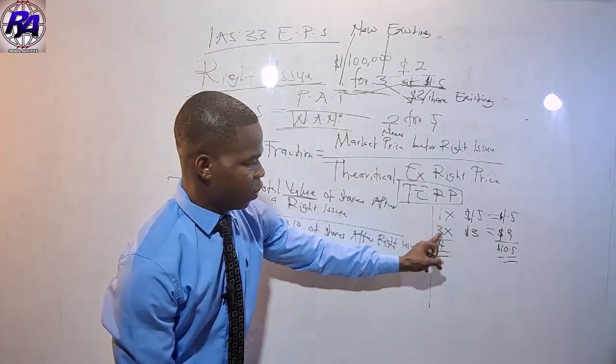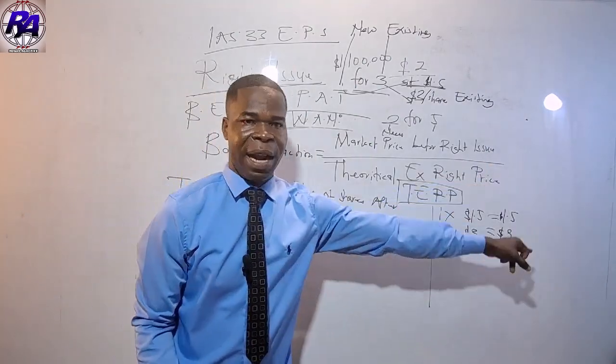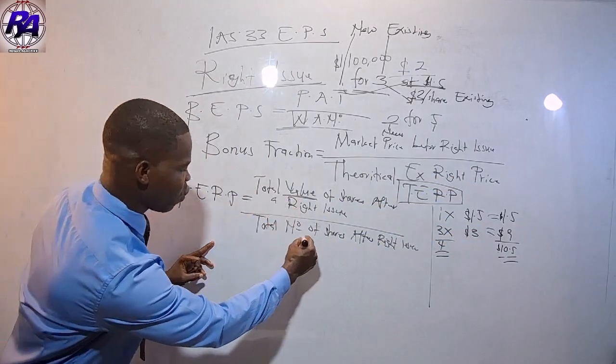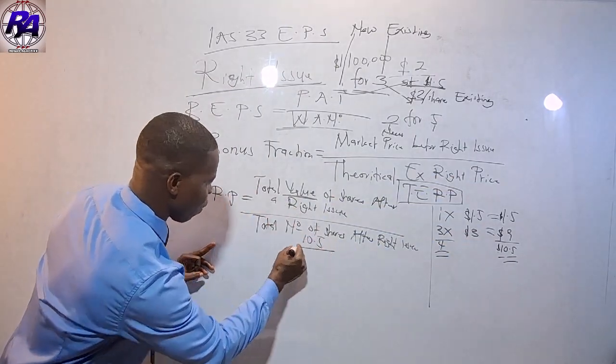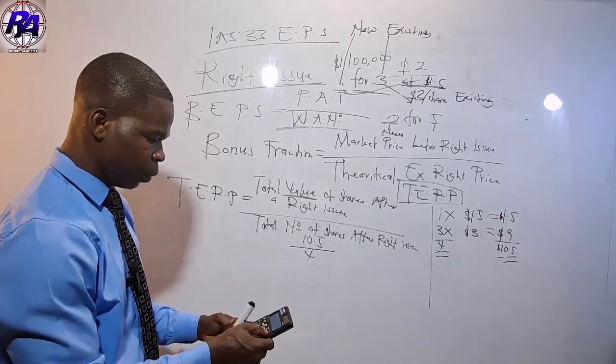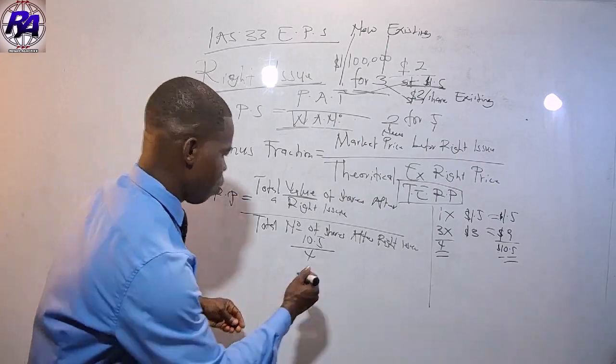Then this 1 and 3 give 4, the total number of shares after a rights issue. So our theoretical ex-rights price in this question is going to be 10.5 divided by 4, which gives 2.63.